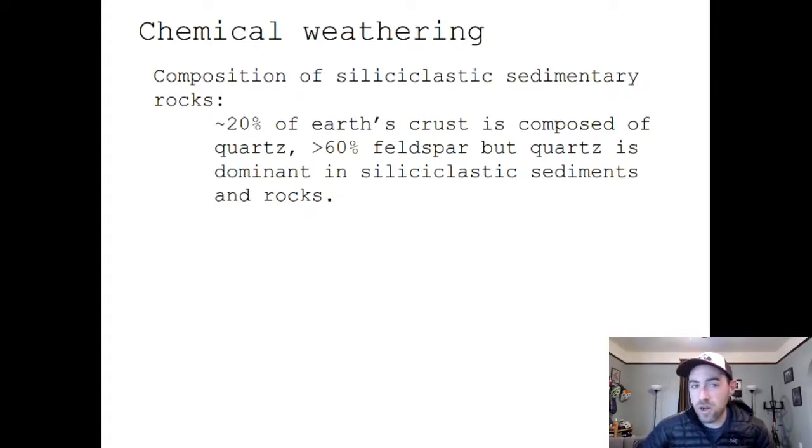But only 20% of Earth's crust is composed of quartz, so the original material of these granites and diorites and so forth, of the crustal material of Earth is predominantly feldspar, right? And so the reasoning behind that is that quartz is much more resistant to most chemical weathering processes than feldspars, right?